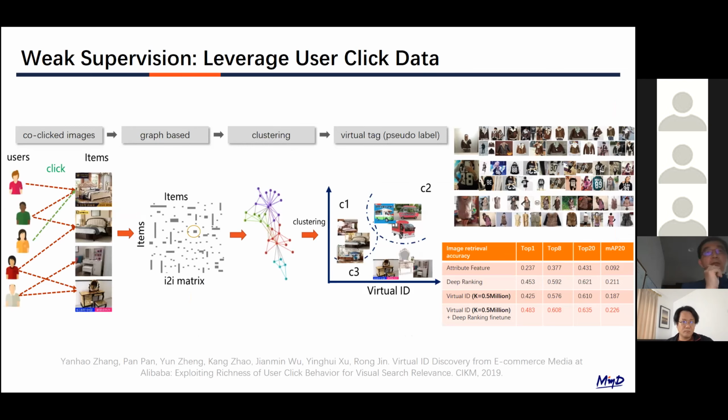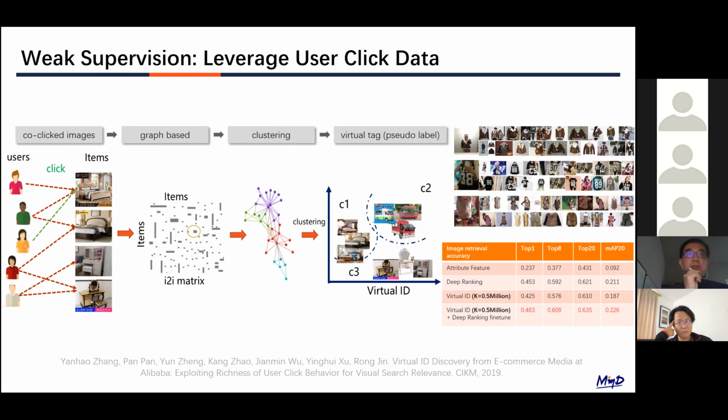Now, at the very beginning, when we were developing the system, we did not have enough training data to build a very comprehensive representation for images. But at the same time, we did have a large amount of user feedback data, which is the user click data, that we could leverage. At the very first time, we thought that the click data would be a good indication of similar visual appearance between the query image and the clicked image.